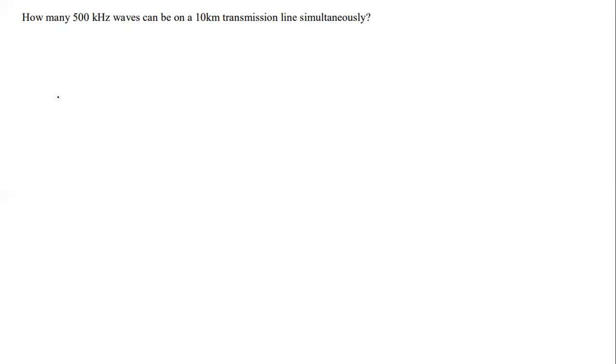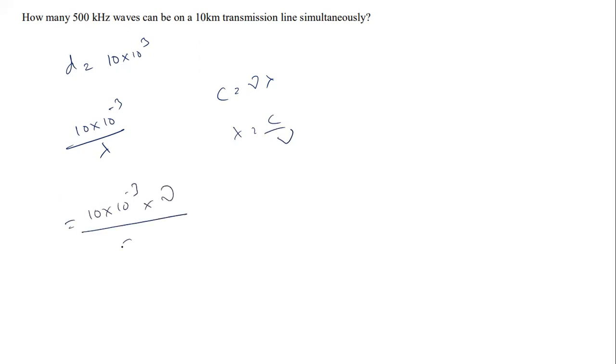So distance is given as 10 kilometers, 10 into 10 power 3, by wavelength lambda. Lambda: C is equal to nu lambda. Lambda is equal to C by nu. So this will be 10 into 10 power 3 into nu by C. What is the frequency? 500 into 10 power 3.